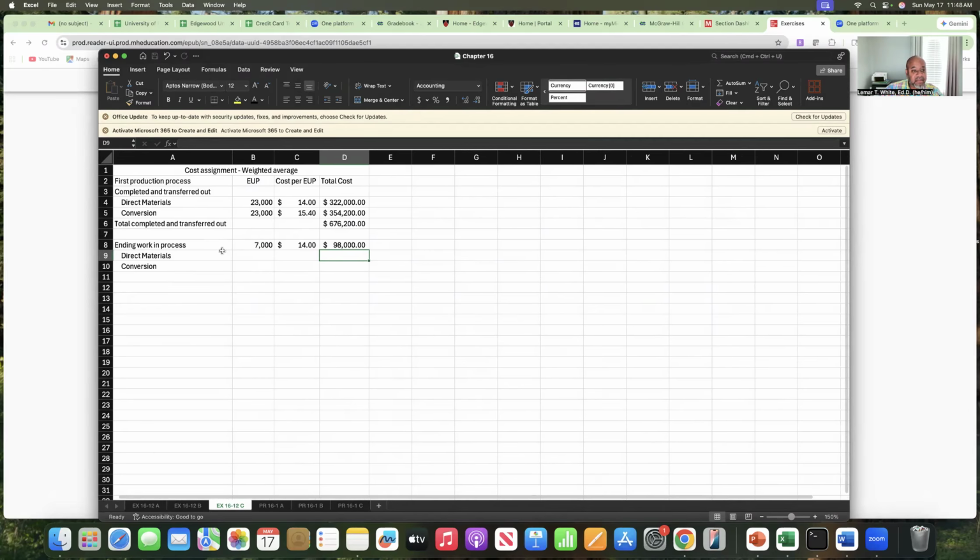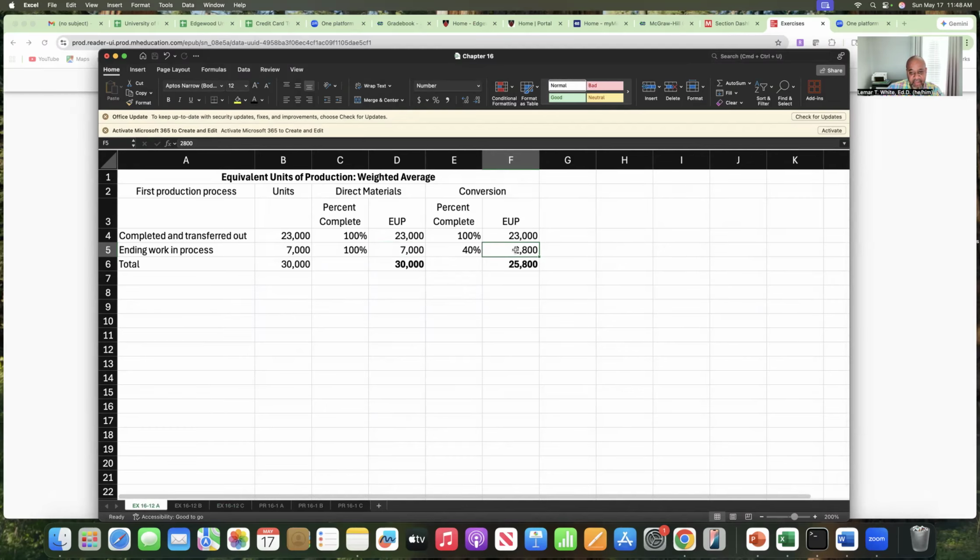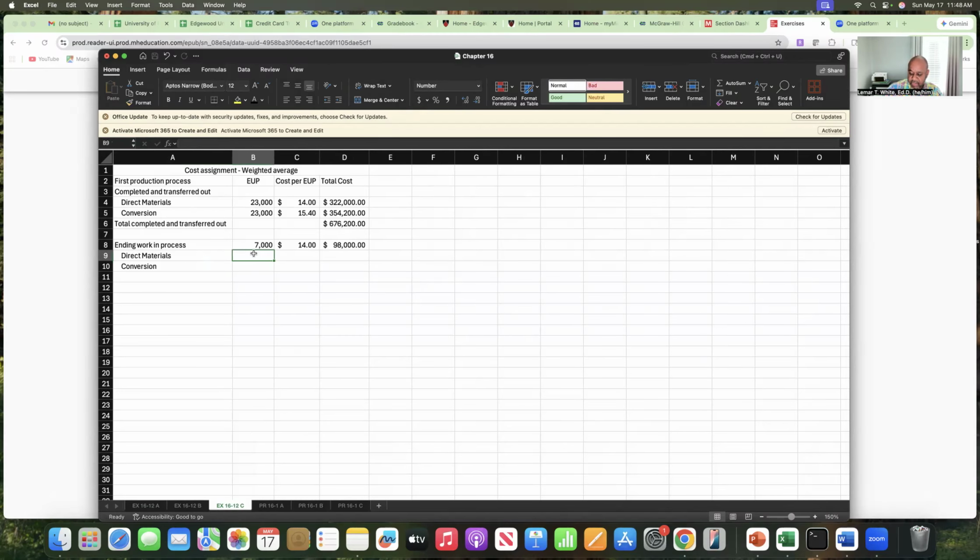And then my conversion, we'll go back to part A. My conversion, I calculated 2,800 equivalent units of production. I'm going to put 2,800 here. I know that my cost is $15.40, which I calculated in part B. I'm going to multiply these two numbers.